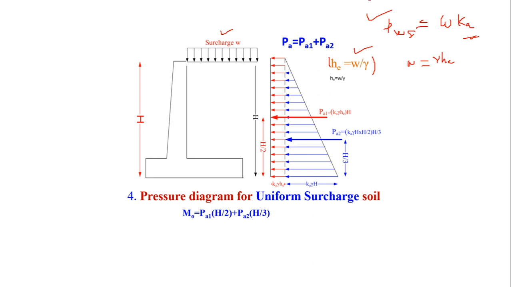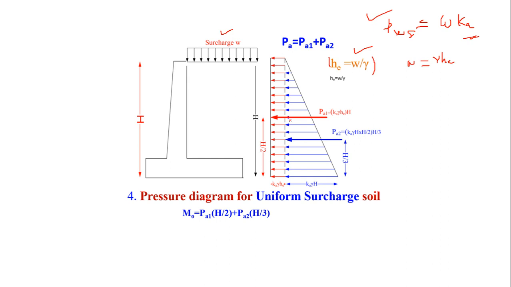And in addition to that, we have the backfill. Suppose that backfill is dry or moist backfill, so it will give just a triangular distribution, 0 at the top and at the bottom K into gamma into H. In this way we get the pressure distribution diagram. So here again it's a combination of triangle and rectangle.